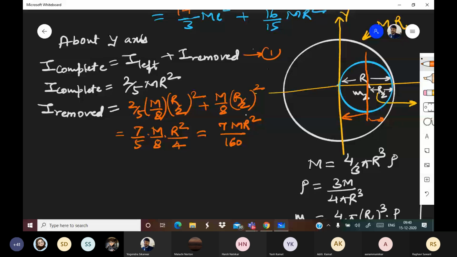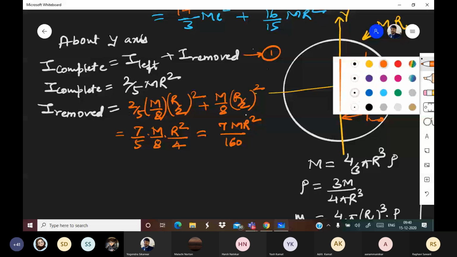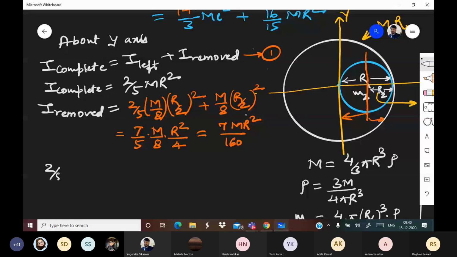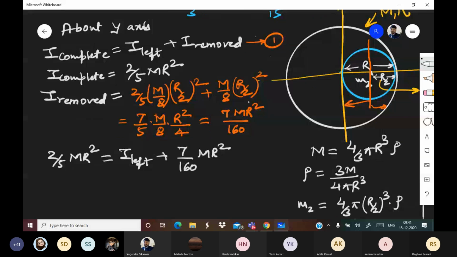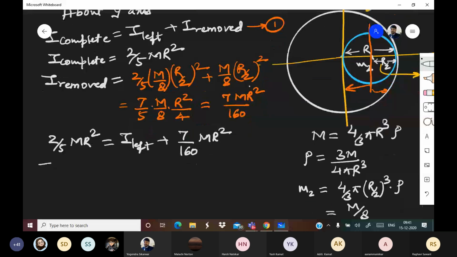Now let me put all these values in equation 1. So 2 by 5 mr square is equal to I left plus 7 by 160 mr square. Okay, so I left is how much?